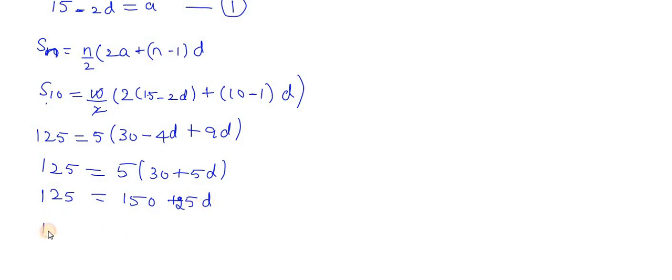Now simplify here: 125 minus 150 is equals to 25D.